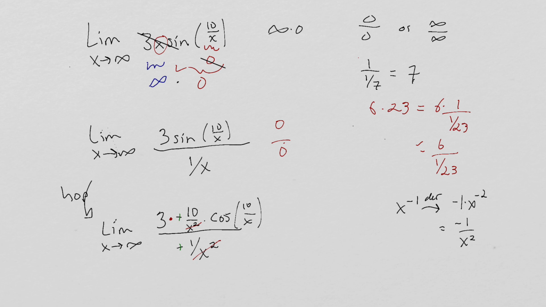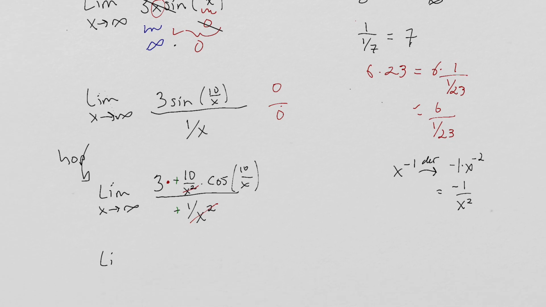This is going to be the limit as x goes to infinity of 3 times a positive 10 times the cosine of 10 over x. And then we can't plug in infinity, but what we can do is talk about what happens to this as I let x go to infinity. That's what a limit is.